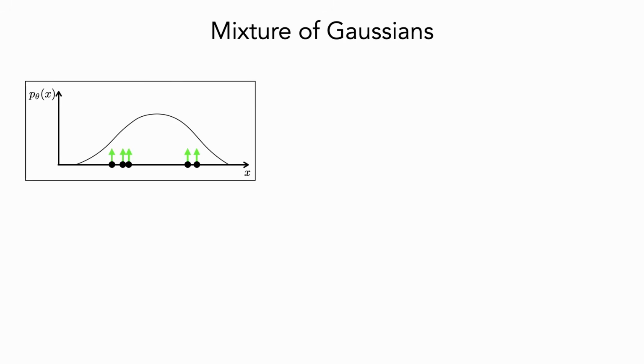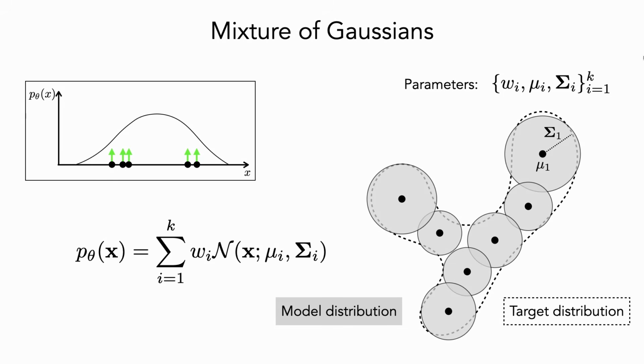With a mixture of Gaussians, I have a weight, so that's one parameter. I have a mean, that's d parameters, and a covariance, that's d squared parameters, and I have k of those. So I have d squared times k plus d times k plus k parameters to specify k Gaussians. To specify infinite Gaussians, I need infinite parameters, right?